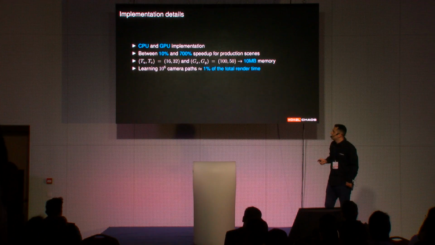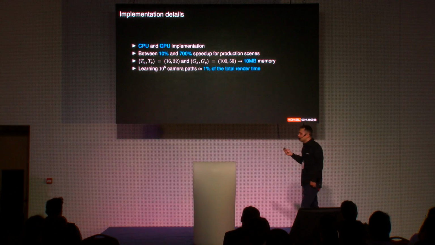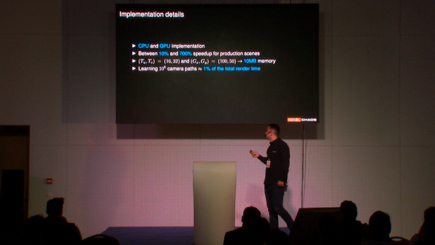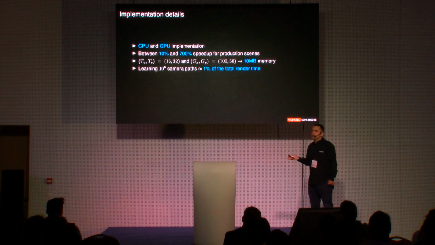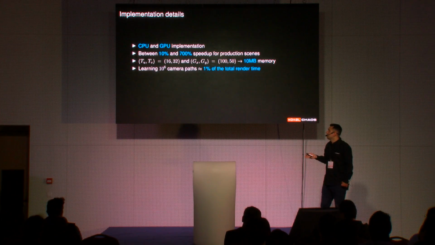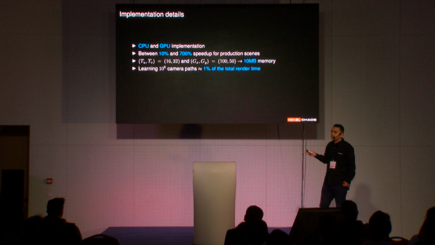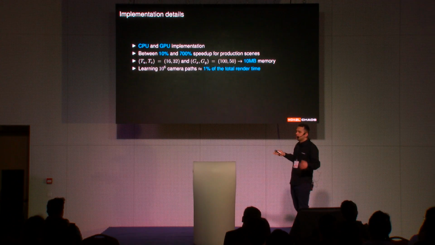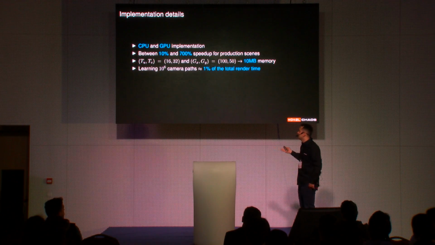During the learning phase, we trace 1 million rays, but these are rays that we will shoot no matter what algorithm we're using for the dome light, because these rays are computed during irradiance caching.